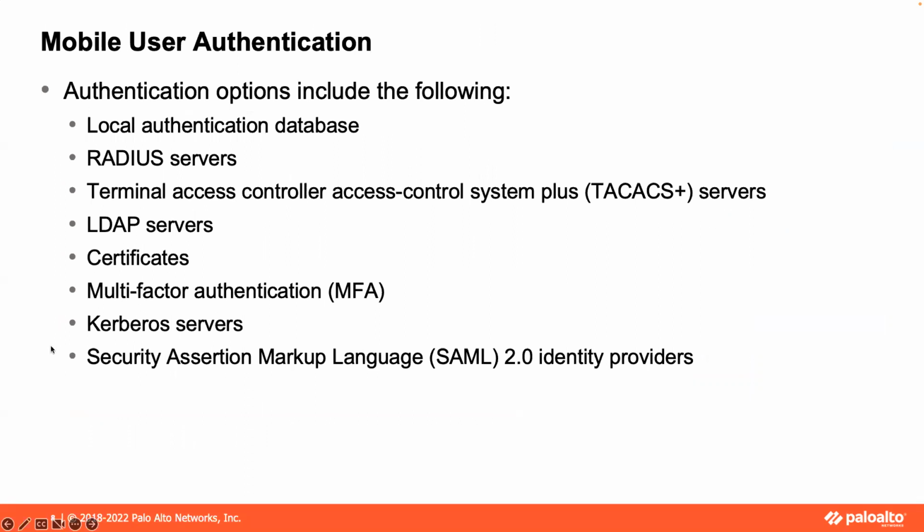Mobile user authentication. Again, for a mobile user to be able to connect to Global Protect, to the mobile user solution, they need to authenticate, whether it's local authentication, where we're using a local user password database on these different mobile user solutions, or there's some sort of remote authentication like Radius or LDAP or MultiFactor.